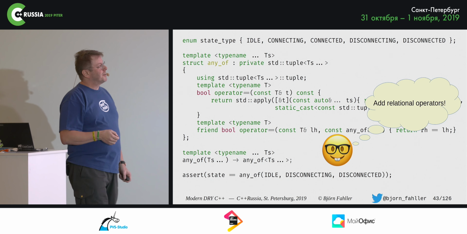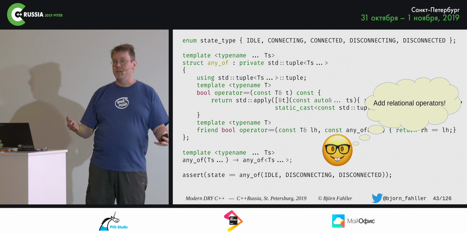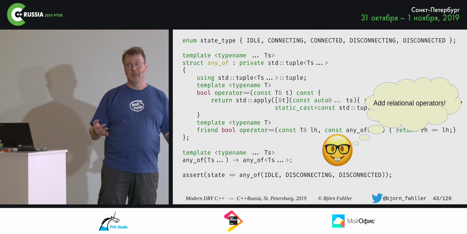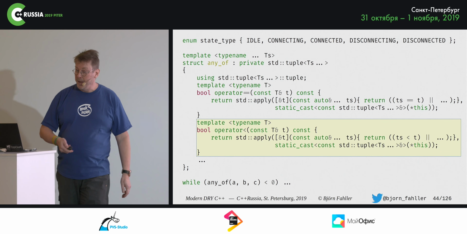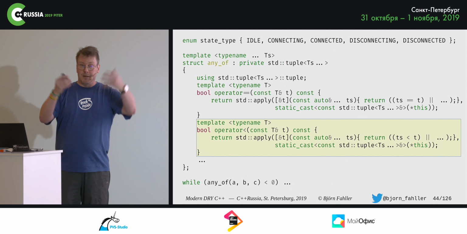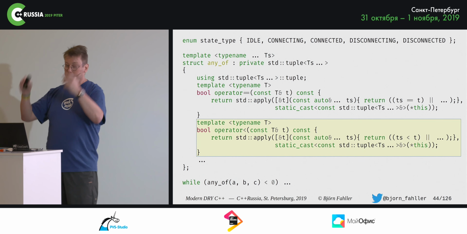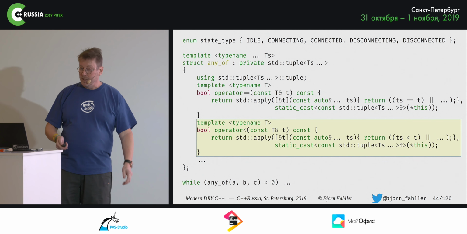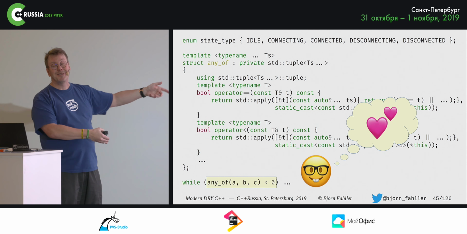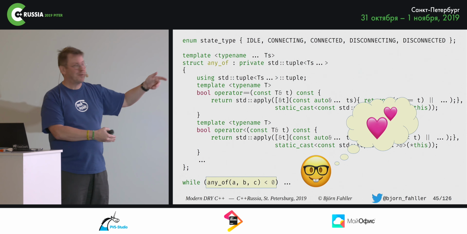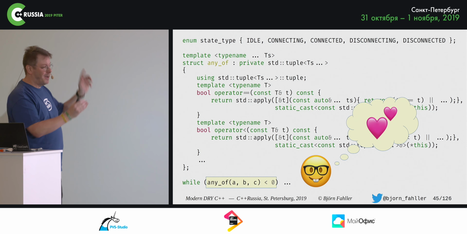Then we can, of course, add some more, because why just operator equal? I mean, we can do other things, like less than, and greater than, and less equal, and greater equal, and not equal. And so I can write this loop like that, and this is just amazing. This is so cool code. I'm really happy with this.